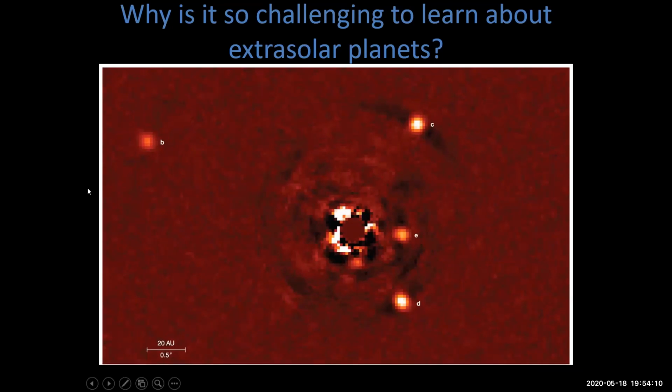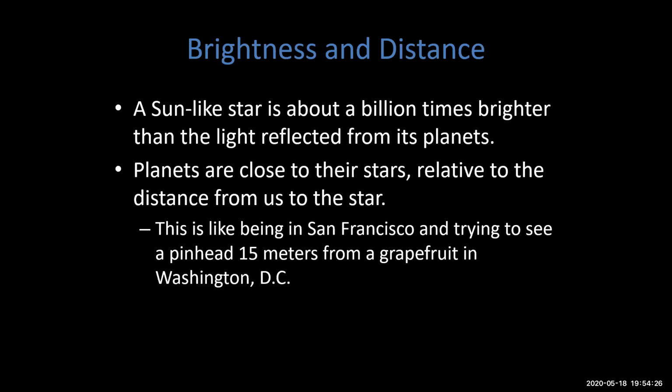These objects are extremely far away, they're extremely small, and so distinguishing between small-appearing objects at great distances with huge brightness differences is exceedingly tough. Because a sun-like star is about 1 billion times brighter than the planets around it. But the planets are really close to the stars for the most part, relative to the distance that we're seeing them.